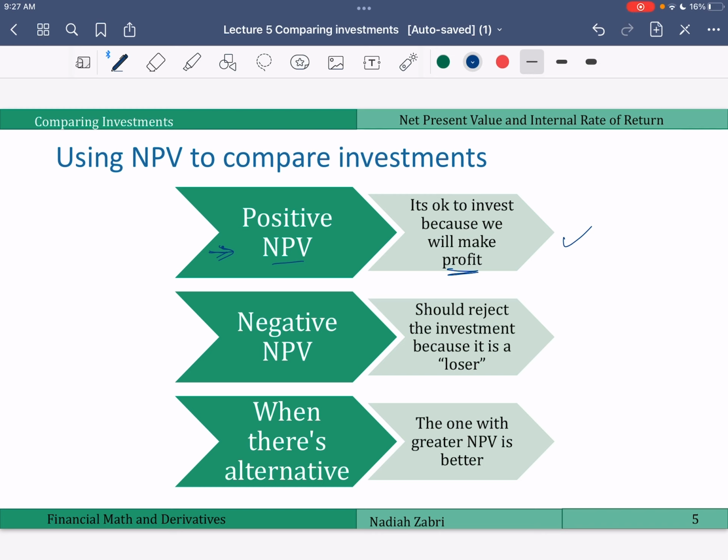Negative means we should reject this investment because it will be a loser. Our income will not even cover our outflows. What if you have alternative projects? We have project 1, project 2, project 3, and you have calculated a net present value for each. The highest will be the better investment.